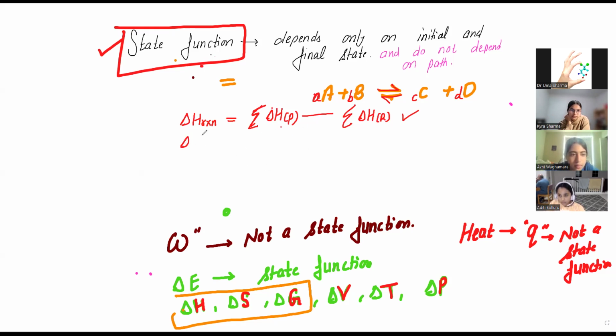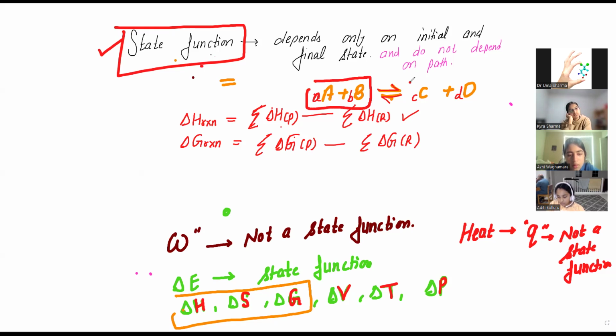Same with delta G. Delta G of the reaction is also calculated by using the same equation: delta G of the products minus delta G of the reactants, because they are state functions. They are totally dependent on the difference of the initial and final. This is final, this is initial.